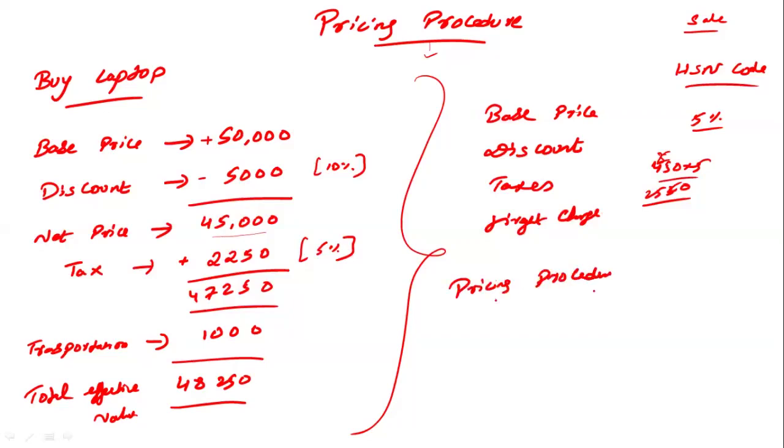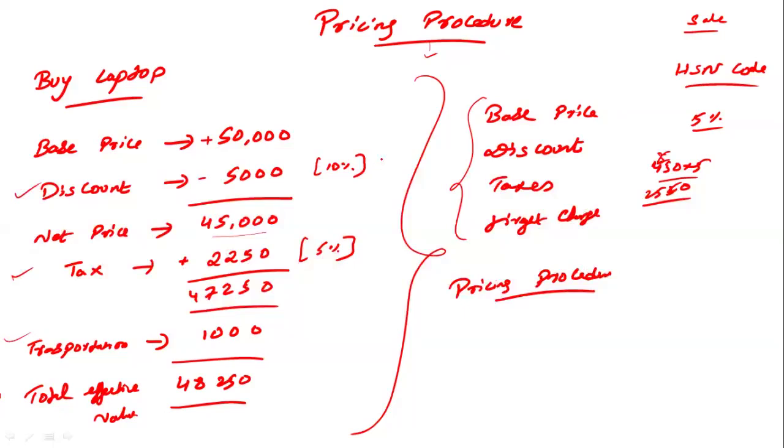So every time you cannot enter these values manually, every time you cannot enter these calculations manually, every time you cannot enter these conditions manually. So to make these conditions automated, whenever you are entering the price of the laptop, this component, this component, this component should come into picture.